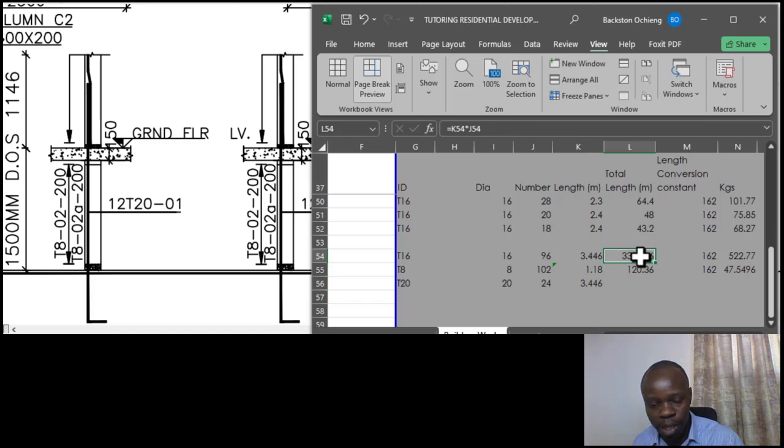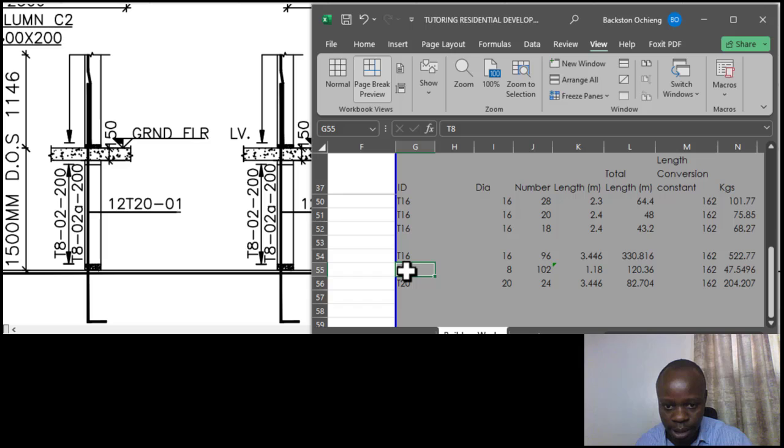How do you go about that? Total length should be length of one times the number of bars that you have. So that is 24 times the length. Once you have that, constant is still remaining the same, and the formula is still remaining the same. Perfect. So this was the number, so that is complete.